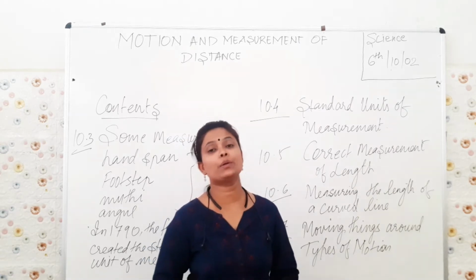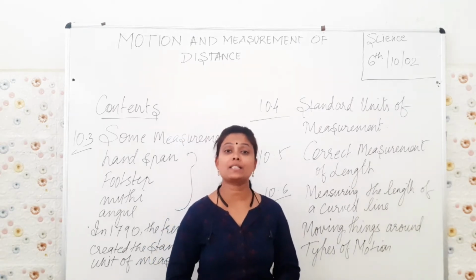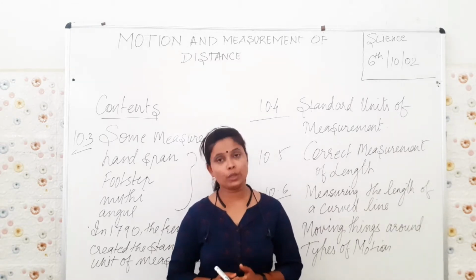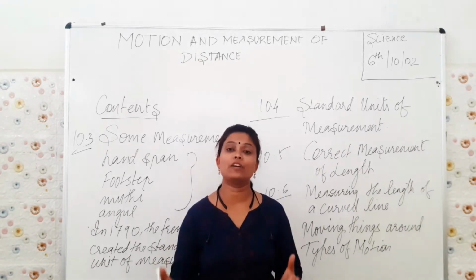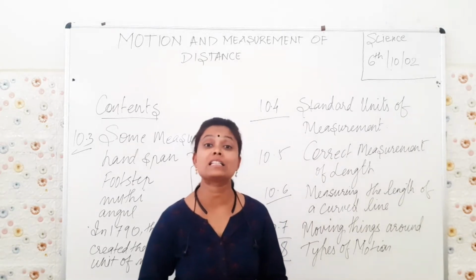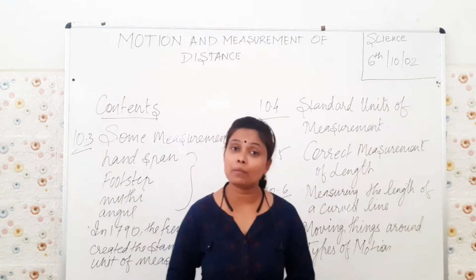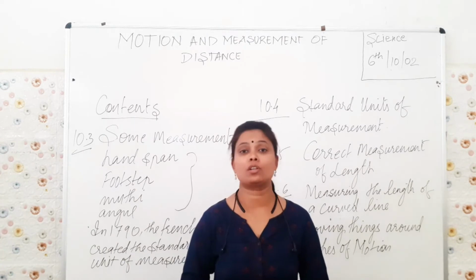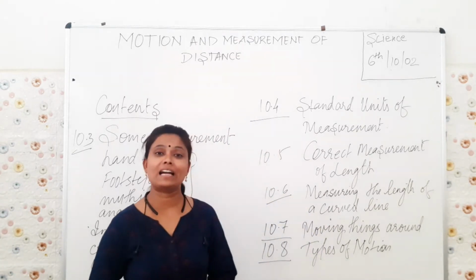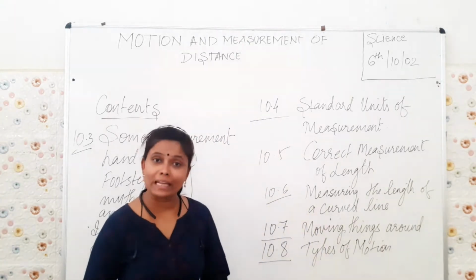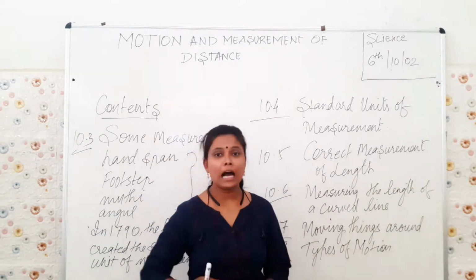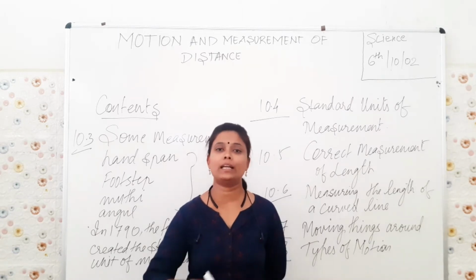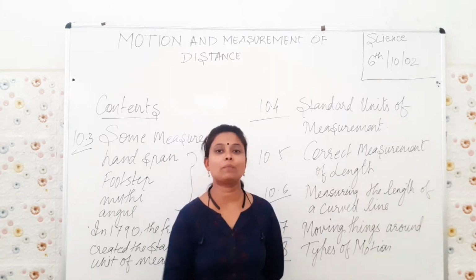The standard unit of measuring liquid is liter and milliliter. The standard unit of measuring vegetables or cereals is kilogram and gram. After that, it becomes very easy to understand and to tell anyone what exactly the measurement is.